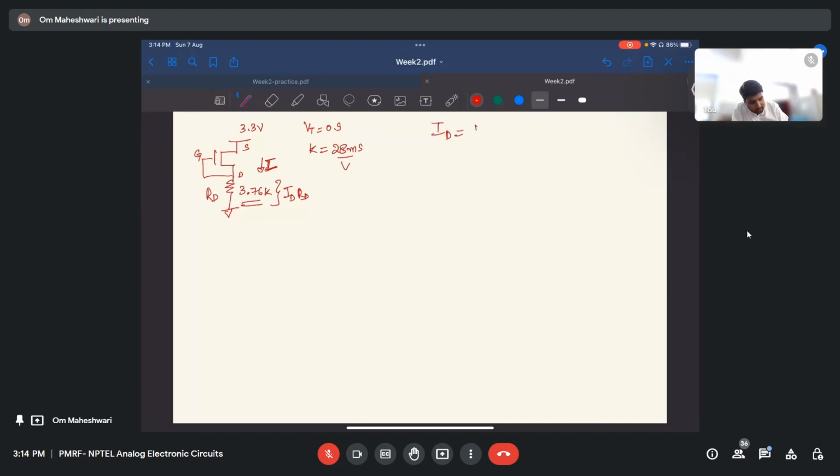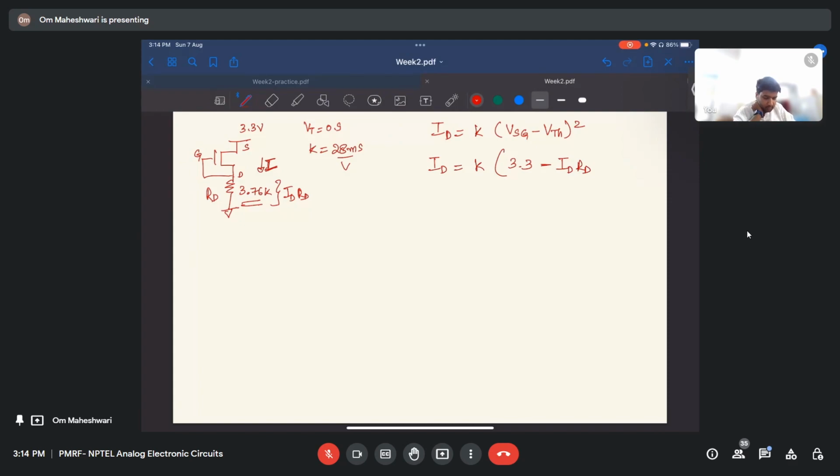So what do we have? ID equals K times (VSG minus VTH) whole square, right? What is K? K is 28. Okay, let's write it as K only right now. And what is VSG? VS is 3.3 volts. VG is minus ID RD.